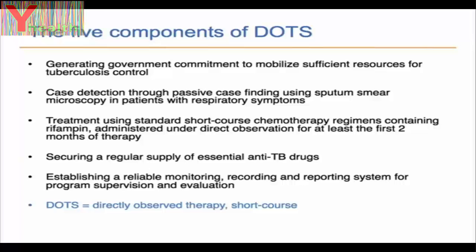Finally, of course, to put this in a larger context, directly observed therapy itself fits into an overall program of what's known as DOTS, Directly Observed Therapy Short Course, which is much more than just simple administration of medicine.